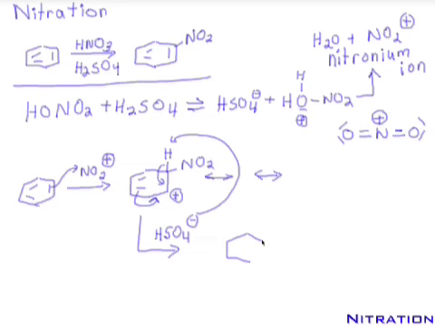And so we end up getting our nitrobenzene plus H2SO4. H2SO4 reforms and hence is our catalyst. So H2SO4 acts as a catalyst. Powerful electrophile NO2+ attacks, producing a resonance stabilized benzenonium ion.